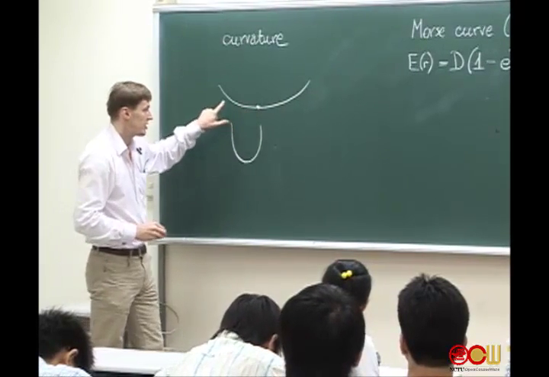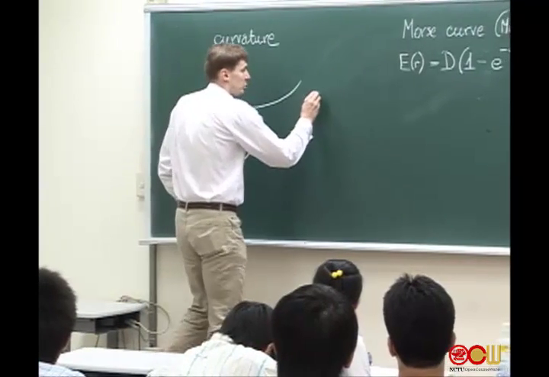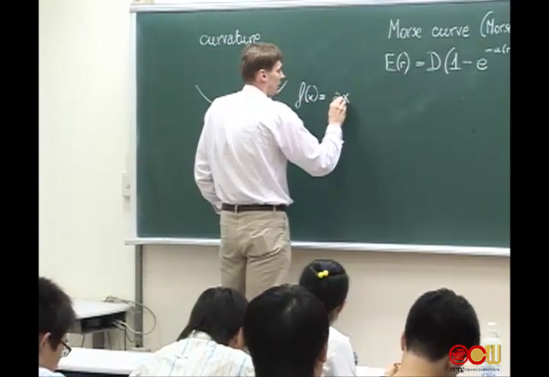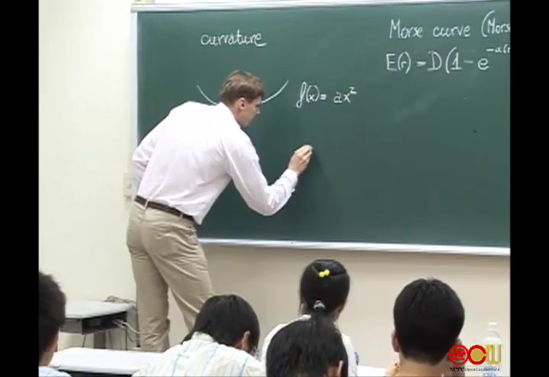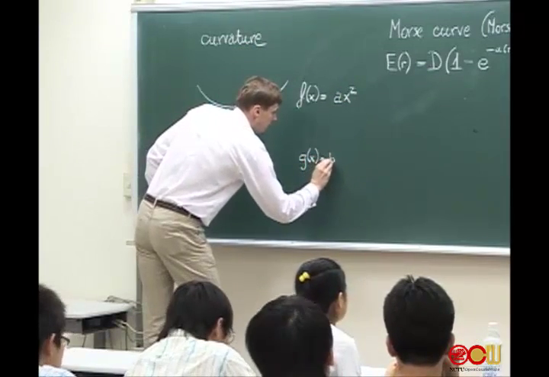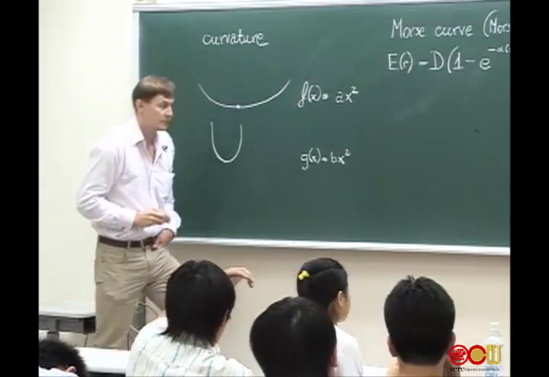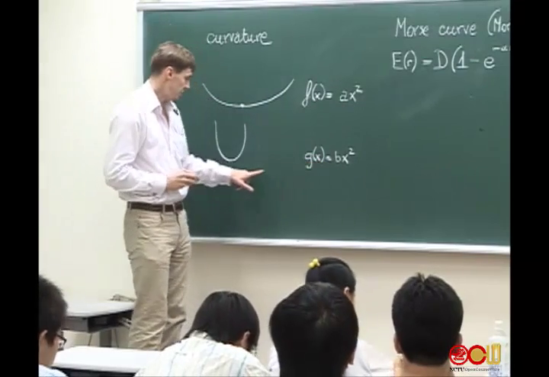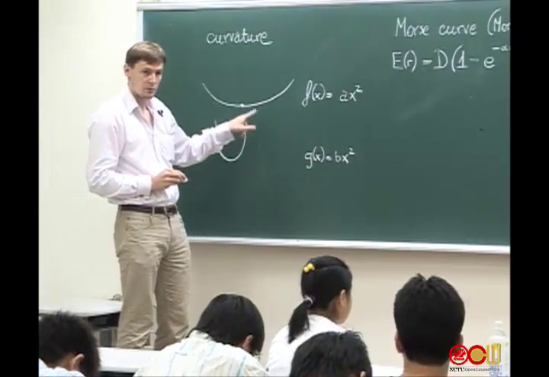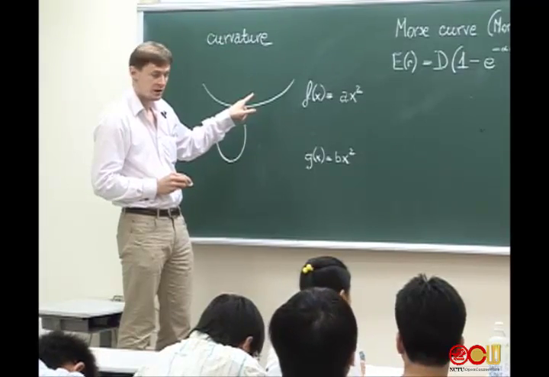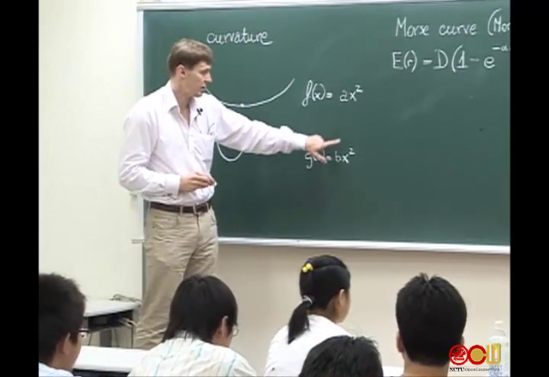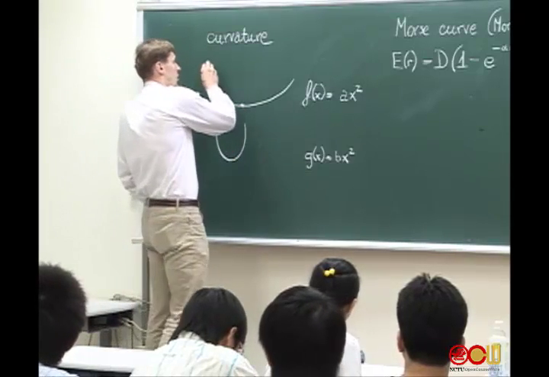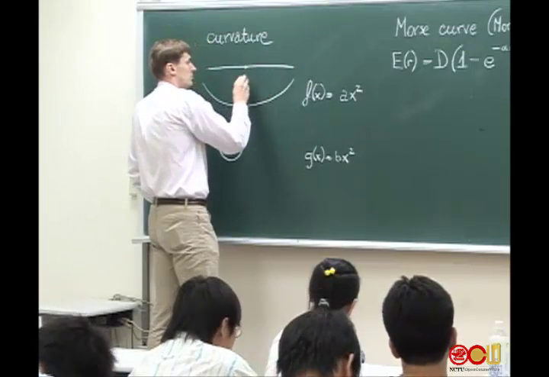You can imagine that this line and this line are plots of the function f(x) equals a times x squared and another function g(x) equals b times x squared. Then you have two parameters, a and b. Just this parameter b has much larger value than this parameter a for these curves. So this parameter is the curvature parameter. And we say that this one has very large curvature, this one has rather small curvature. A completely flat line has zero curvature.